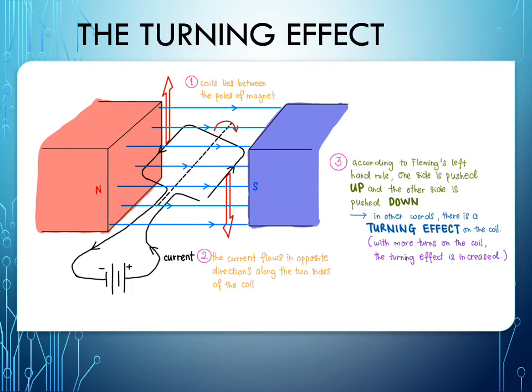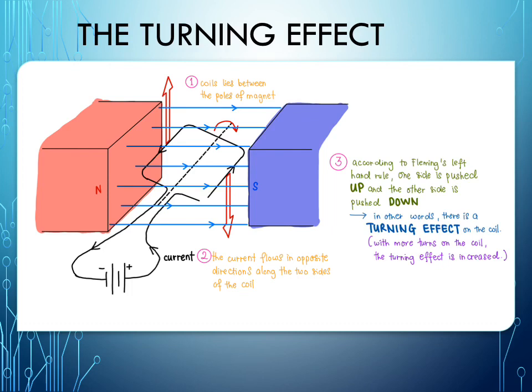Okay, so maksudnya kamu pusingkan tangan kamu, masukkan dia ke dalam. Jadinya the force will be pointing downward. Alright, so in other words, there is a turning effect on the coil. So bila satu naik atas, satu turun bawah, so dia akan berpusing.